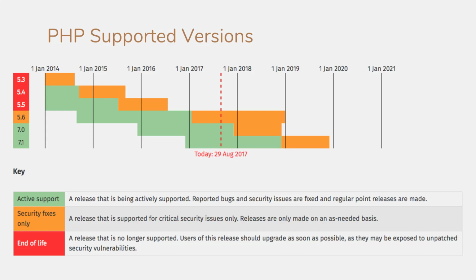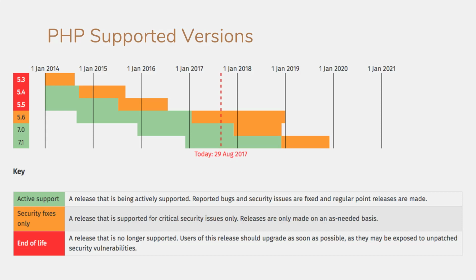Many hosts are the reason that PHP takes so long to update, because they don't want to update their PHP versions because they're afraid that they could break the WordPress website or the web application, whatever is running. So it's important to know when your version is still receiving security updates, because anything that's not receiving security updates could potentially be hacked or become malicious.